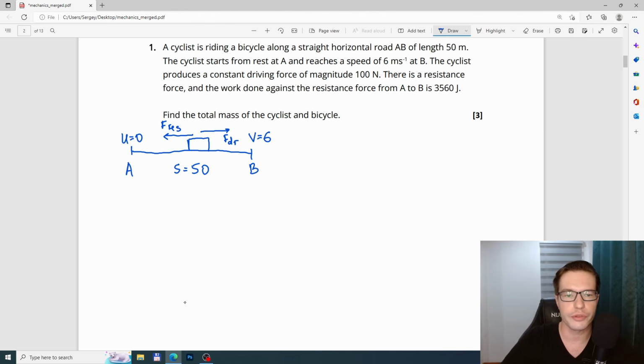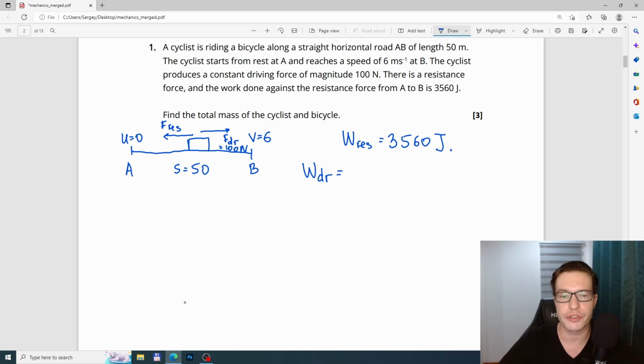Now we also know that the driving force equals 100 newtons, and we know that the work done against resistance is 3,560 joules. Okay, so first of all, if there is a driving force, that means this driving force is doing some work.